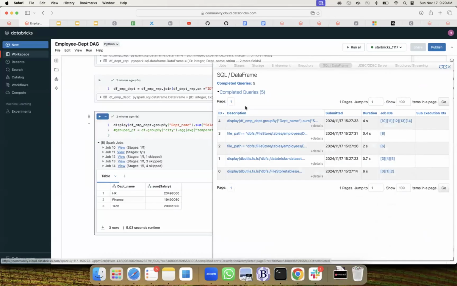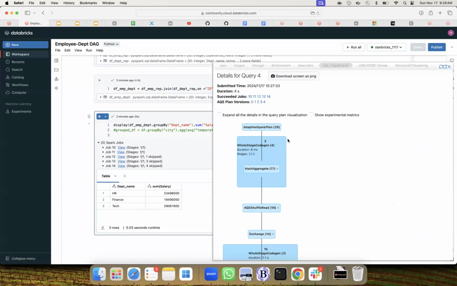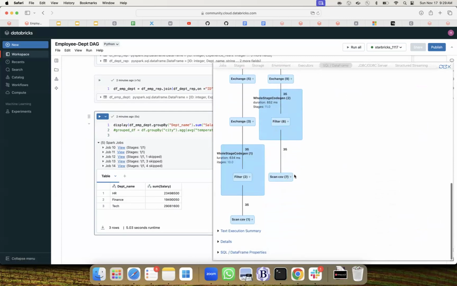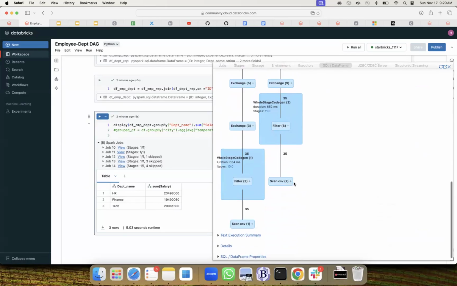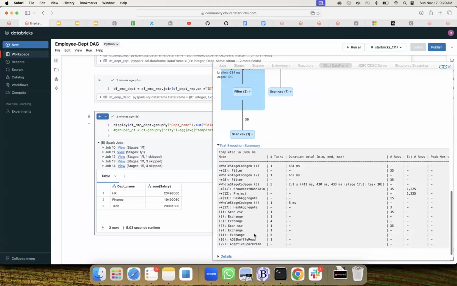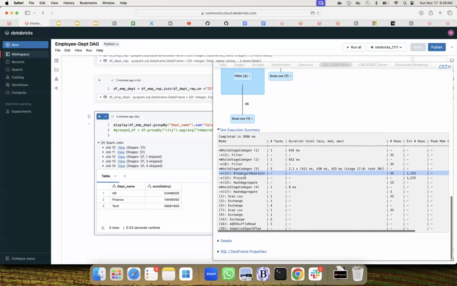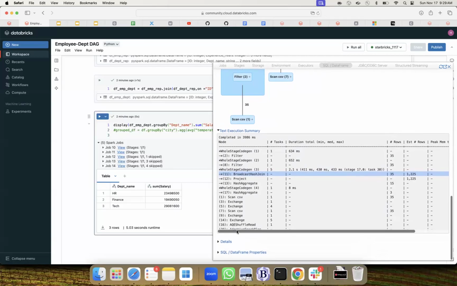All of this. So what happens when you run each of these SQLs? Exchange, scan, hash aggregate, broadcast, hash join, what join it has used when you are doing a join, all of this. Shuffle reads, adaptive Spark plan.